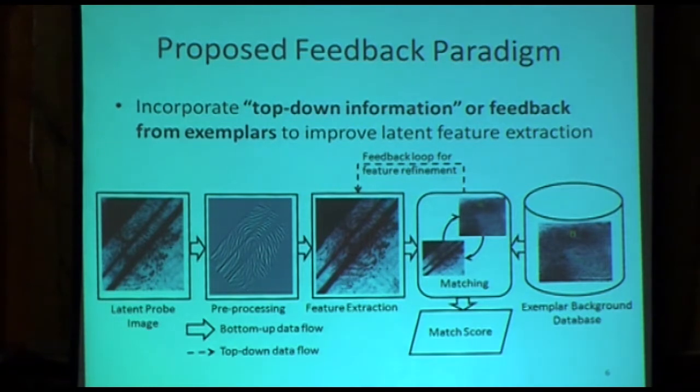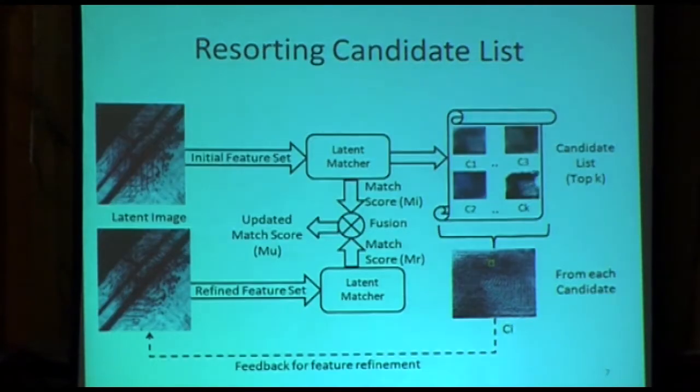Now I will explain how we apply this proposed paradigm to latent fingerprint matching. We basically resort the candidate list generated by a bottom-up latent matcher. This is the overall idea. You have a latent image. You get the initial feature set in the bottom-up mode. You use the bottom-up latent matcher to generate an initial match score and a candidate list, which is basically the top K candidates.